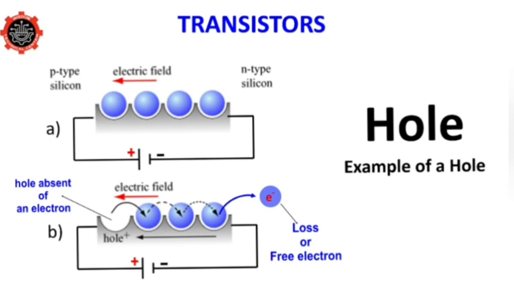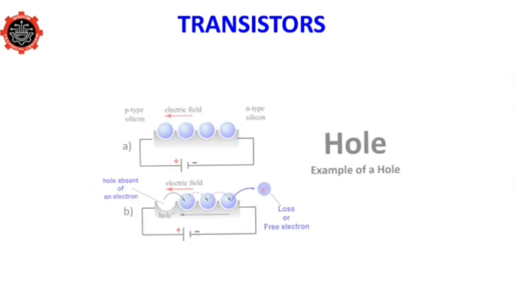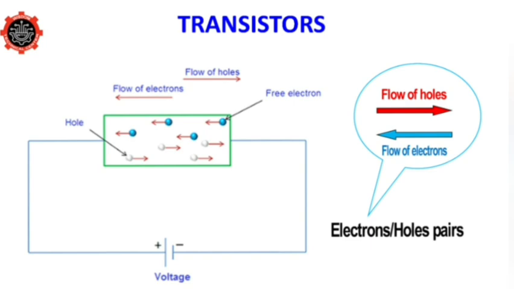The whole idea about this hole is that it represents the loss of a negative charge. Therefore, it has the characteristic of a positively charged particle. Each corresponding electron and hole is referred to as an electron-hole pair.